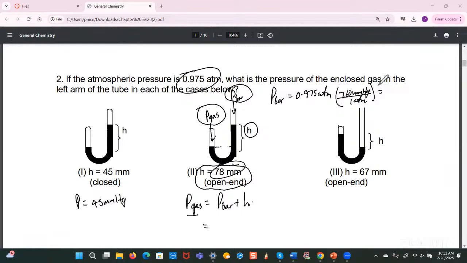So let's see what that gives. 0.975 times 760 gives 741 millimeters of mercury, right? So basically, that's the value that you're going to use down here.